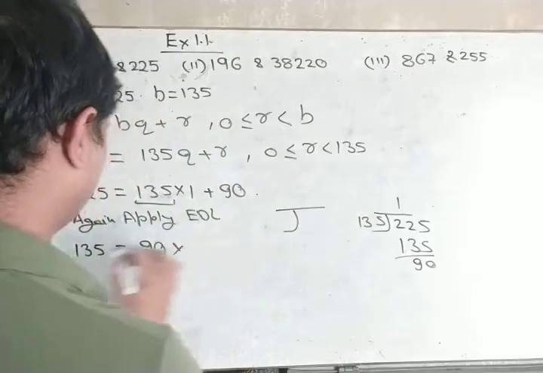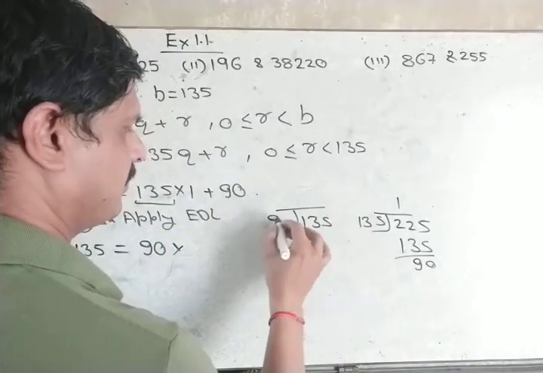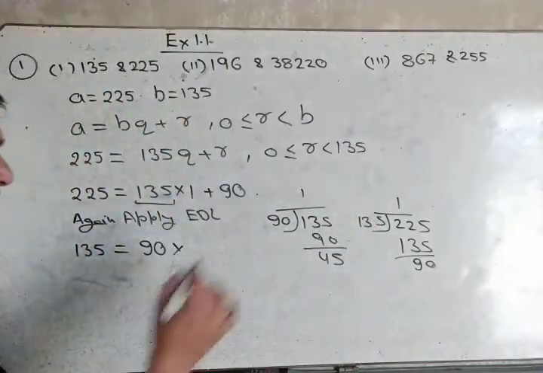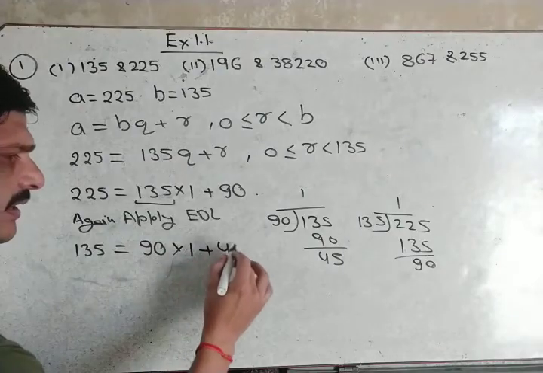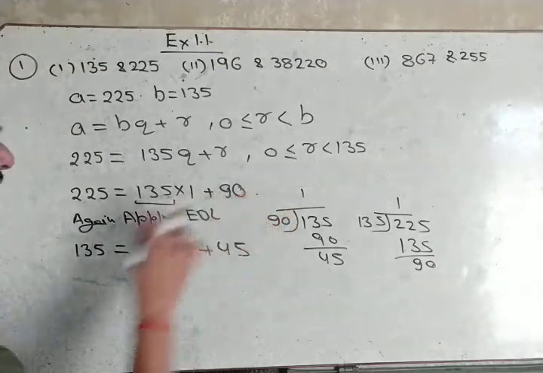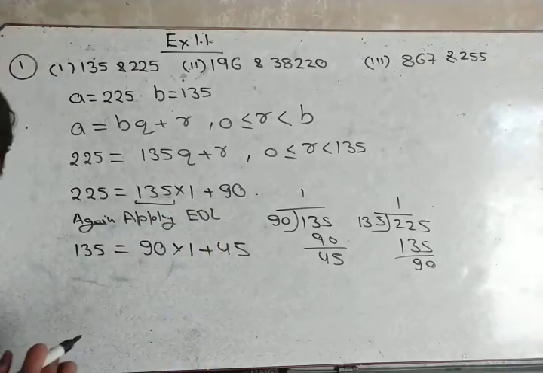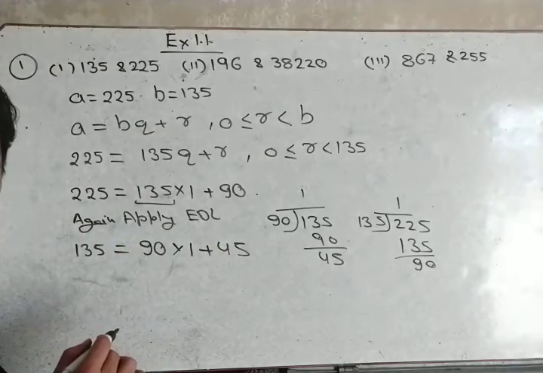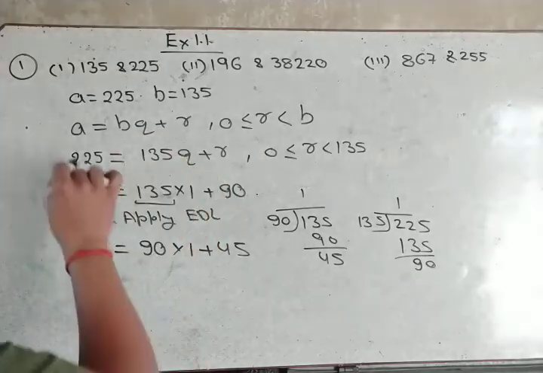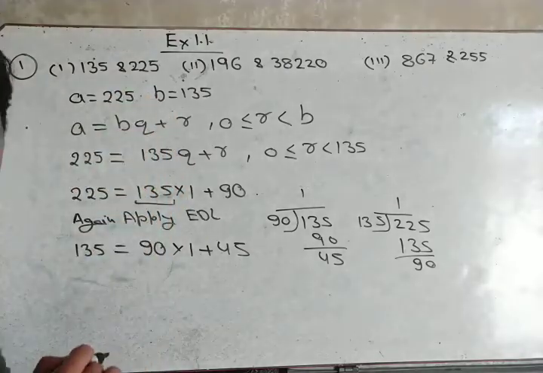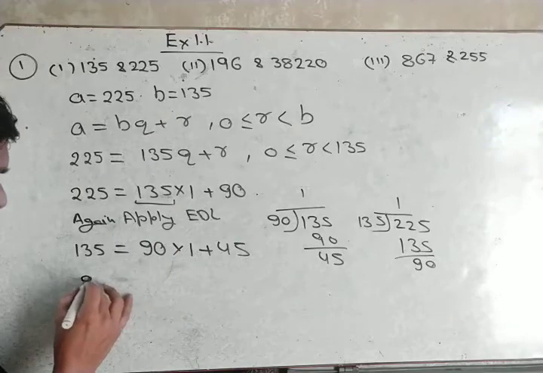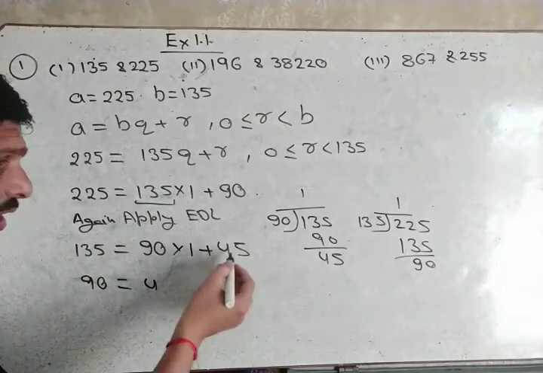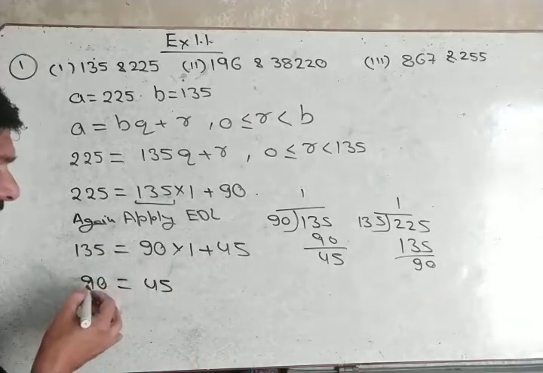This time you divide 135 by 90, that gives remainder 45, with Q as 1. You don't need to write again, you can write directly: apply Euclid division lemma. Then you can take 90 and 45. Because remainder is not 0, the remainder becomes the divisor and the divisor becomes the dividend.